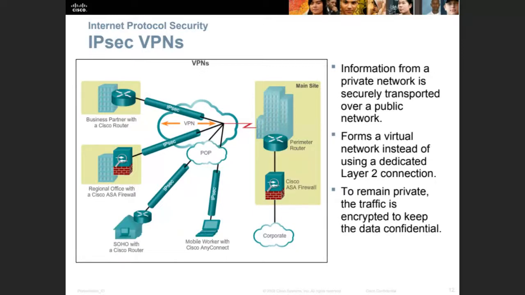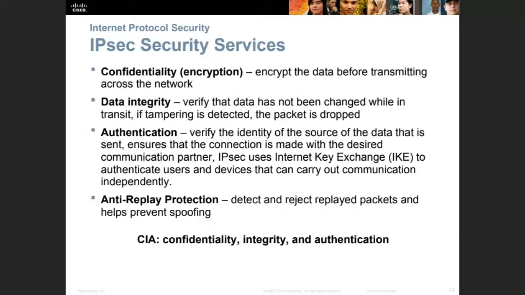It forms a virtual network instead of using a dedicated layer 2 connection. Meaning I don't have to pull a cable from my head office to the branches. No, I can use a VPN connection over the internet, and it will be private, encrypted and confidential. Very powerful.